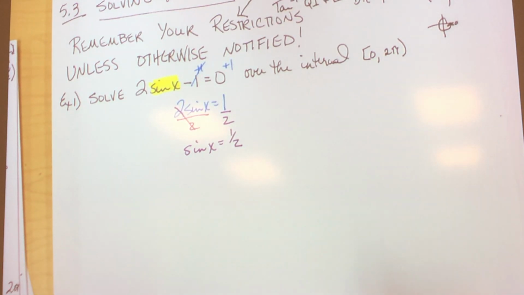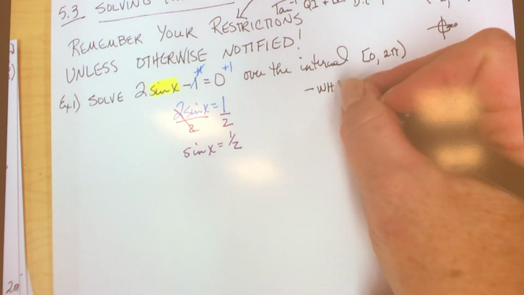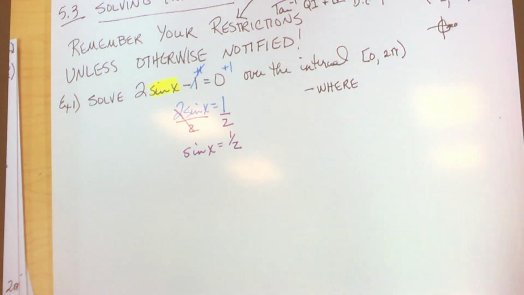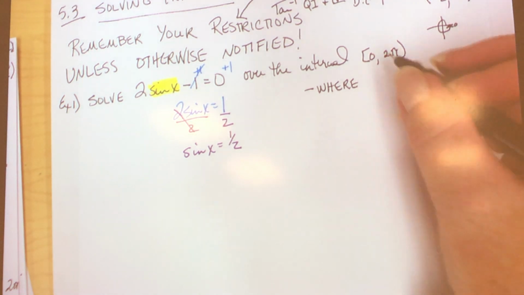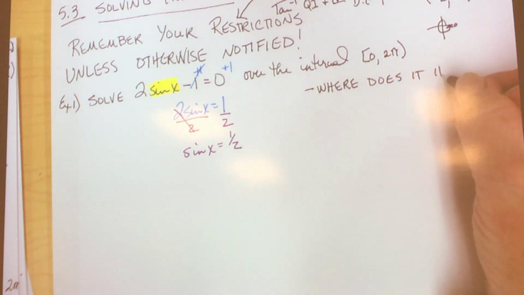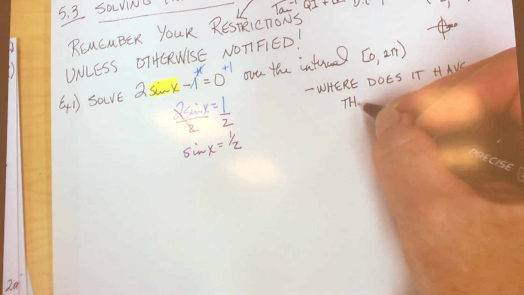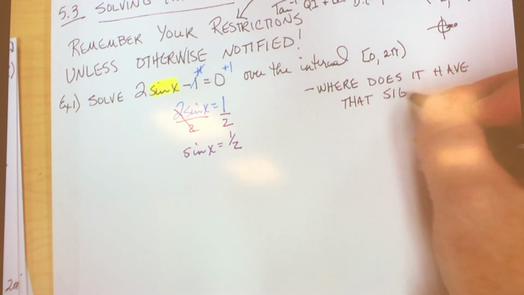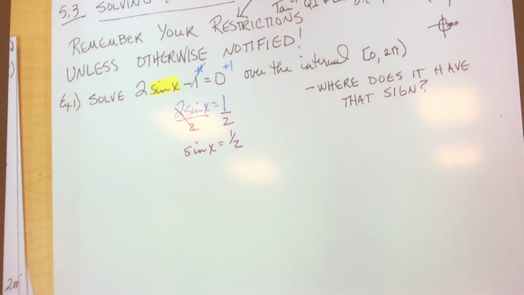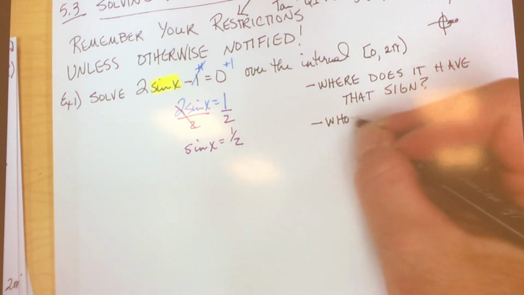Here are the questions you're going to ask yourself. There are three things. What sign? Where does it have that sign? That's S-I-G-N, positive or negative. Who is it?